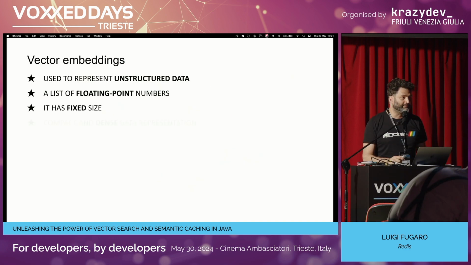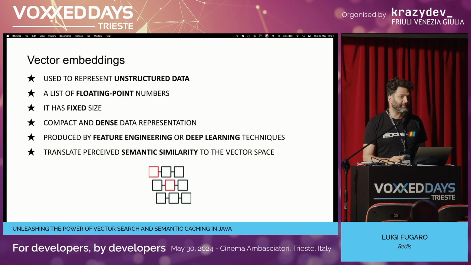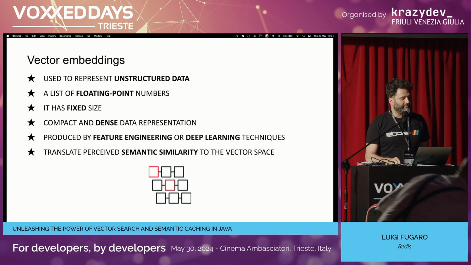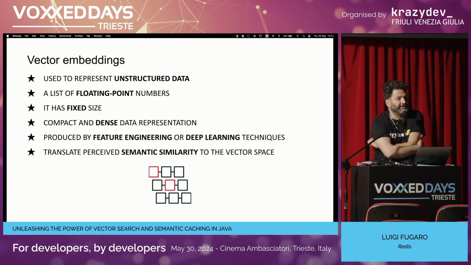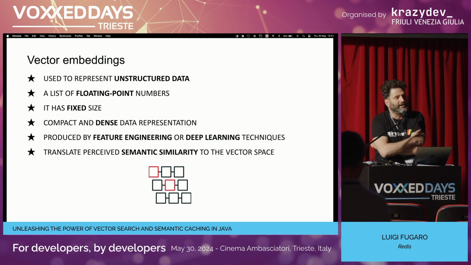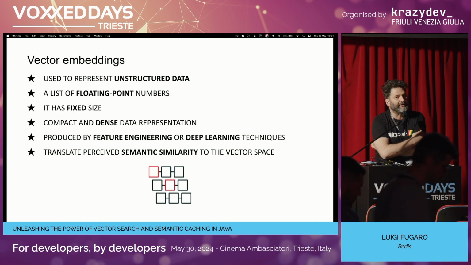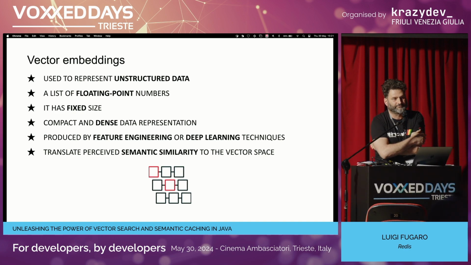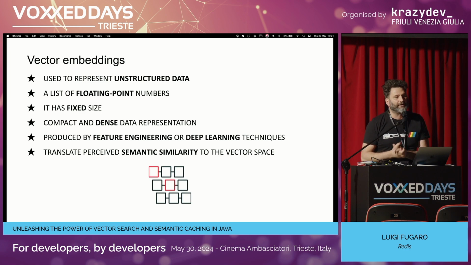So first of all, a bit of a recap regarding vector embeddings, what they are. Vector embeddings are used to represent unstructured data. Unstructured data is all the data where you cannot find a specific pattern or organization within the data itself. For example, in tables you have structure, so that's structured data. In a CSV file, you can find a pattern.